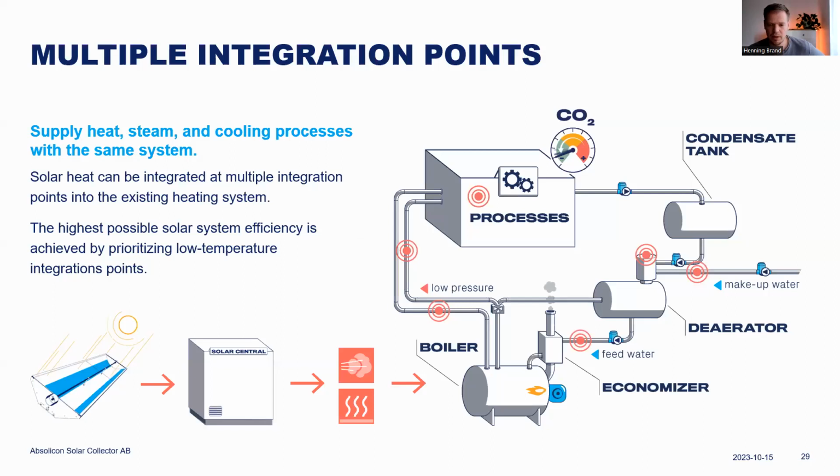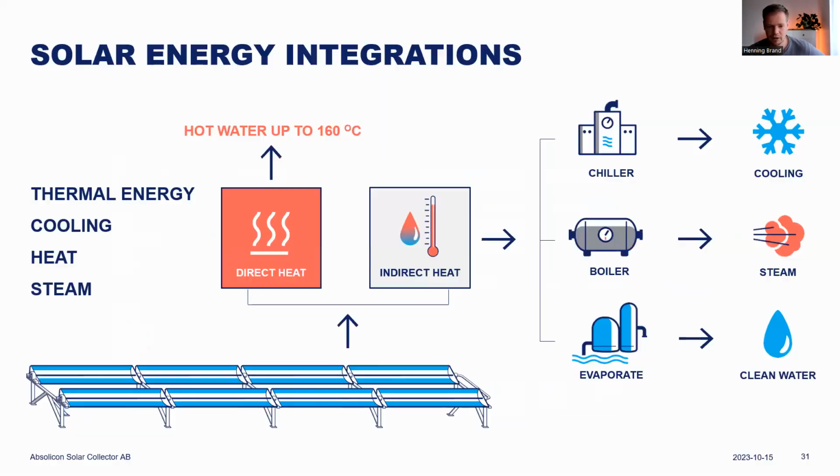So how can we integrate this solar heat into a factory? We look at the current boiler system, and there are many places where the hot water can be connected. Here, for example, we take out heat, we put the heat to the solar central, and we add the heat back into the process, and so on.